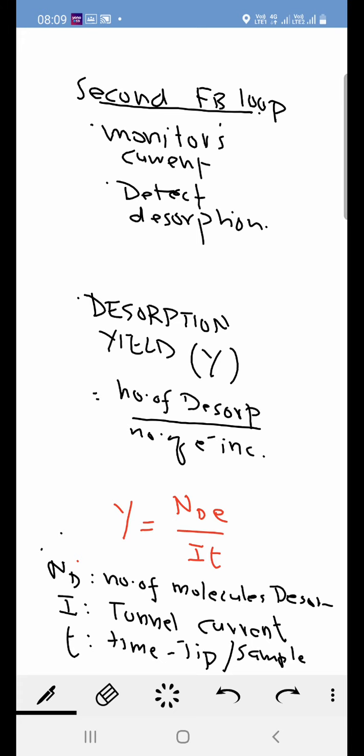So this is the desorption yield. The next parameter is called the desorption rate.